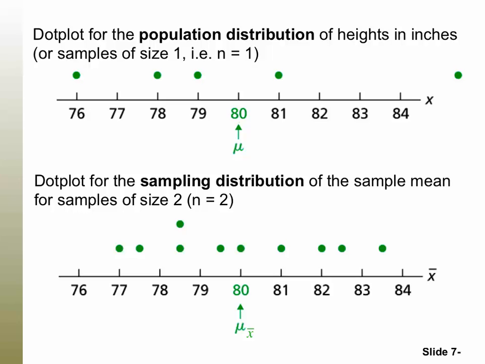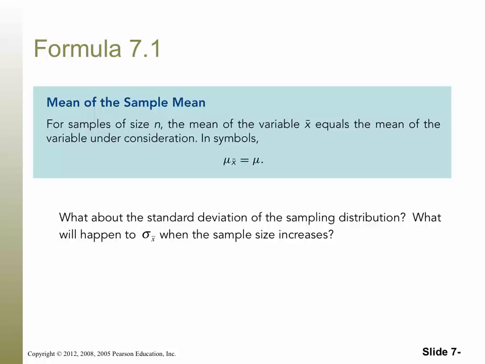And the mean of the means is going to be the same as the mean of the original variable. And that's what we just said. So for the sample size of n, the mean of the sample means equals the mean of the variable under consideration. In other words, the mean of the means is equal to the mean of the original population.